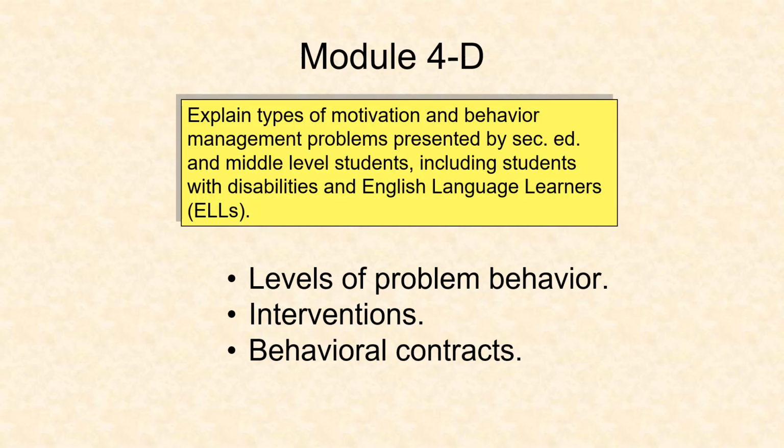In this video, as we're seeking to explore types of motivation and behavior management problems in secondary and middle level students, let's consider the levels of problem behavior. Let's start looking at some interventions, and then let's consider the possibility of creating a behavioral contract with certain students.